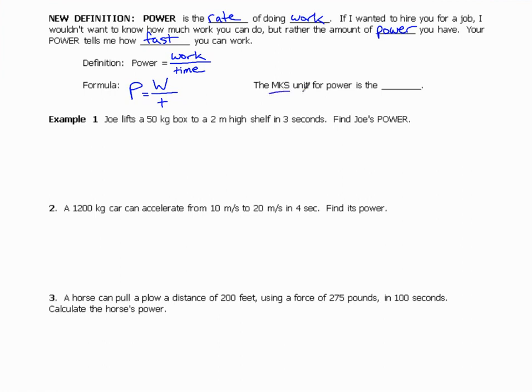The MKS unit for power is a watt. And if you look at this formula, it gives you its own units, which we call watts. It's actually joules per second, which is what makes a watt.